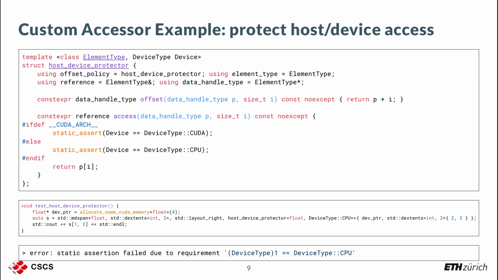I have this special accessor policy, or special accessor, which I called host device protector. The idea here is I can tell in my accessor policy if this mdspan that I'm constructing wraps, or creates a view over, CPU memory or GPU memory, and if I do it wrong, it will give me an error.